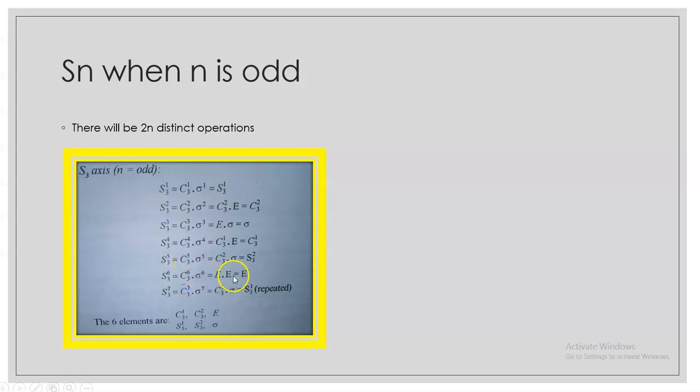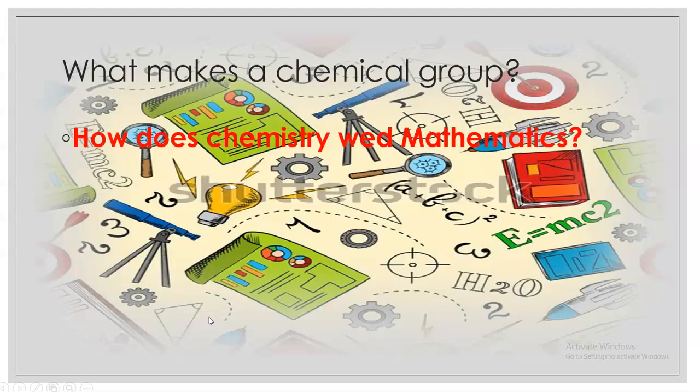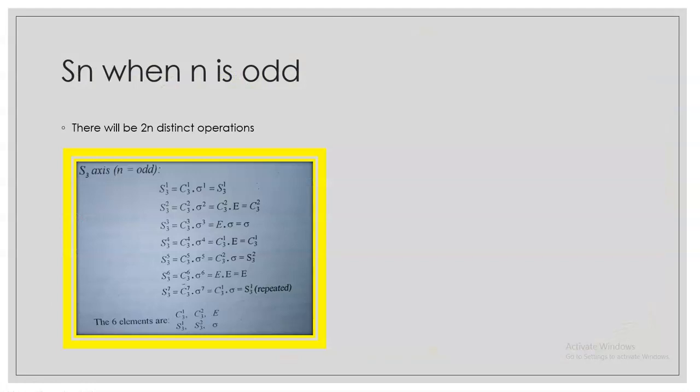So both are identity. So overall this is identity, and so it stops here. So this particular S3 axis is generating 6 elements, namely C31, C32, S31, S32, E and sigma. So when n is odd, we understand that there are 2n elements generated out of the Sn axis.